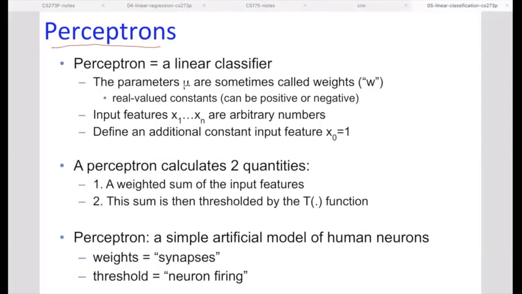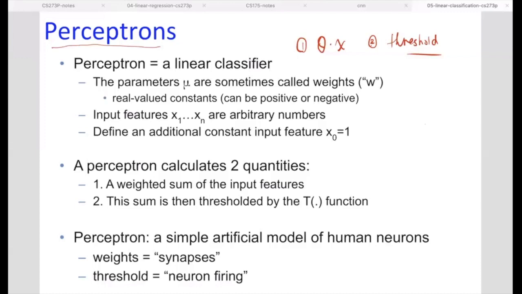So in terms of perceptron decision making, you calculate those things in 2 steps. One is to calculate this linear response, and that will be the first step. The next is to apply the thresholding function, and after that, you can make decisions. And the people who originally developed these models tried to use this as a simple model of biological neurons in the human brain.